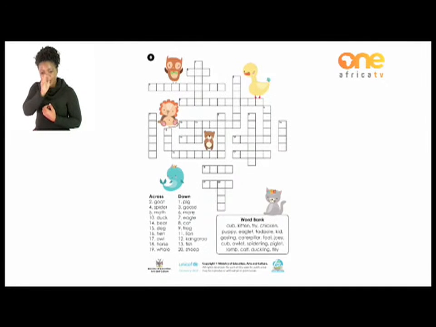For example, number 1, going downwards, it says pig. So you go to number 1, you find the diminutive of a pig, the young one of a pig. That should be a piglet. So if you write from number 1 going downwards, piglet should fit in those boxes.